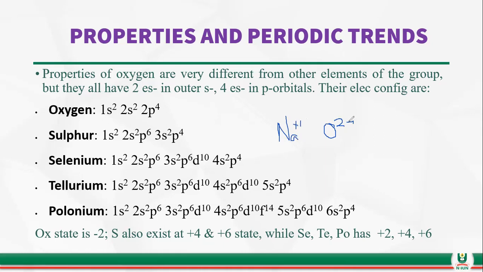It wants to give 1. The oxygen wants to take 2. So it will take 2 of the sodium to donate to oxygen before they can form a bond. So at the end of the day, what you have is Na2O. So when you say sodium oxide, this is it. And because it's the oxide of the group 1 element, which is the metallic part, it is a basic oxide.